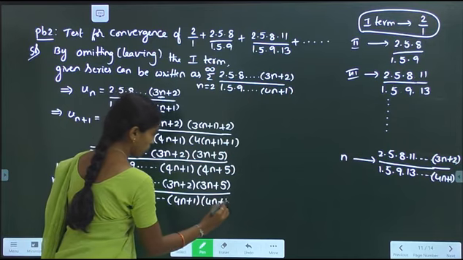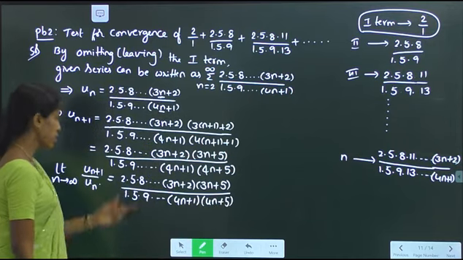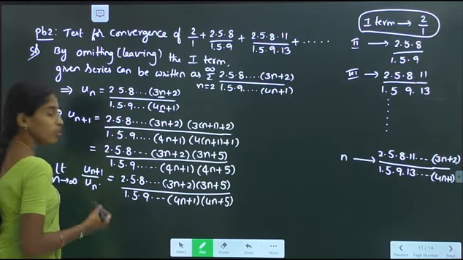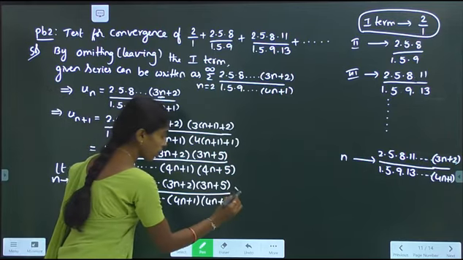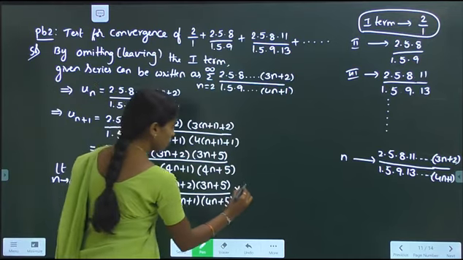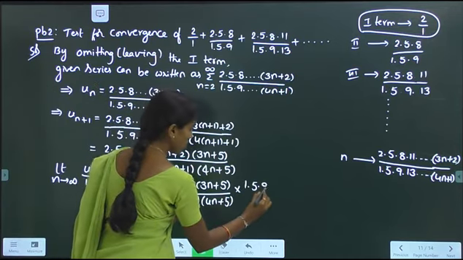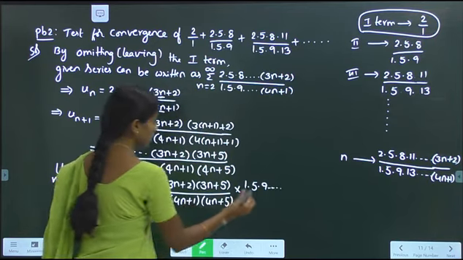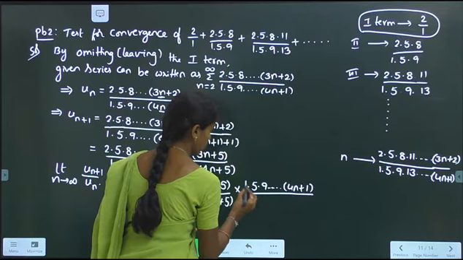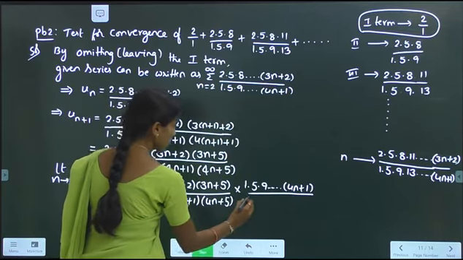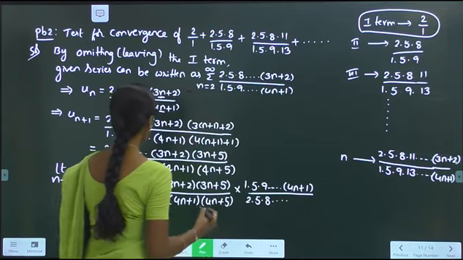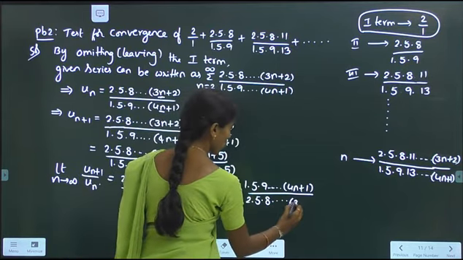Right? This is un plus 1 value. un plus 1 by un means 1 by un, which means it becomes reverse. 1 into 5 into 9, that means the denominator becomes numerator, into 4n plus 1 by numerator is 2 into 5 into 8 and so on, 3n plus 2.